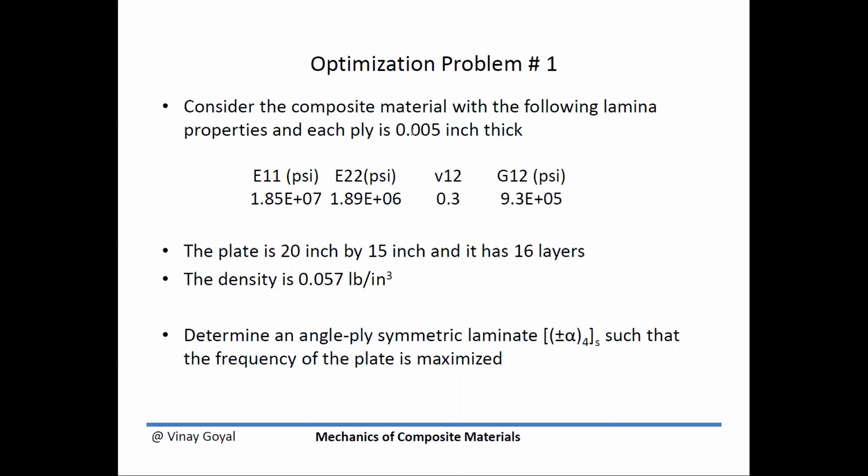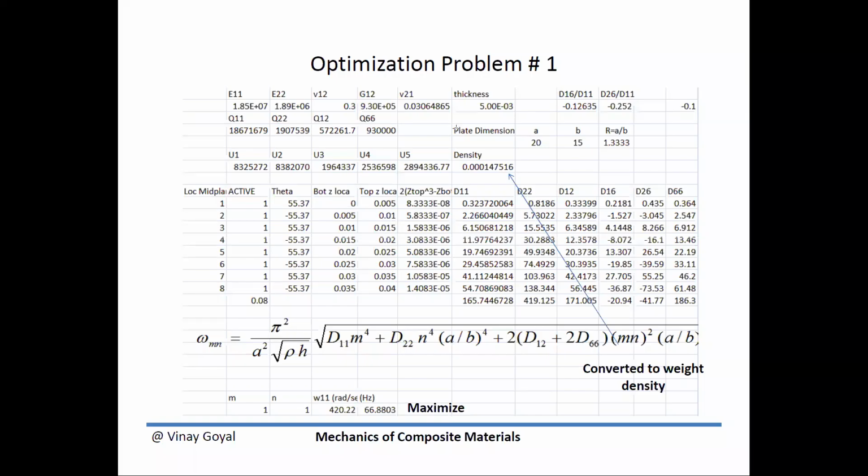Let's assume that each ply is 0.005 inch with the following properties for the lamina. The plate is 20 inch by 15 inch and it has 16 layers. The density is this much. What we want to do is find an angle ply symmetric laminate such that the frequency of the plate is maximized. That is the goal of this problem. And so let's look at what we've done here.